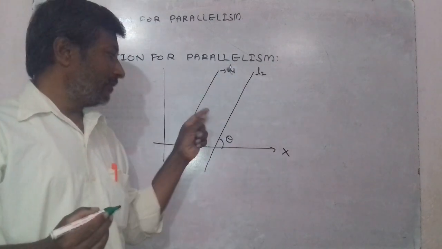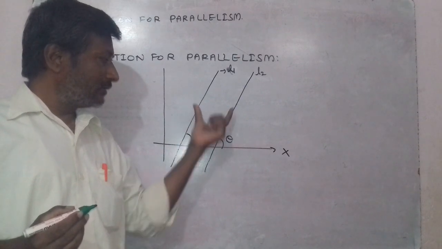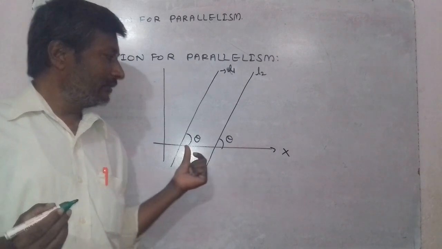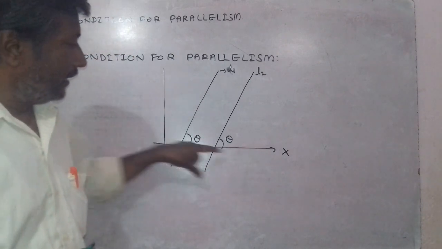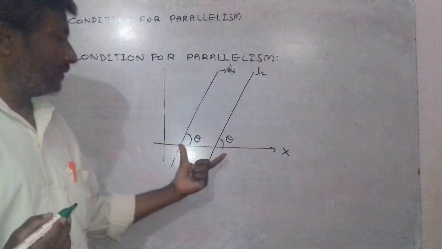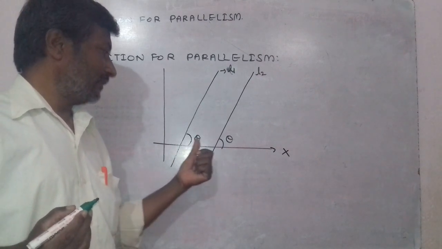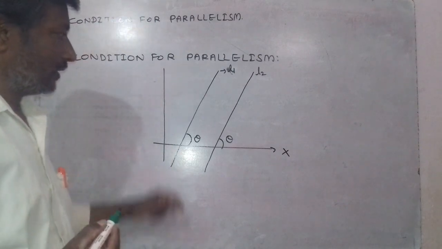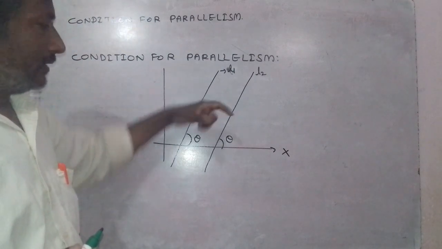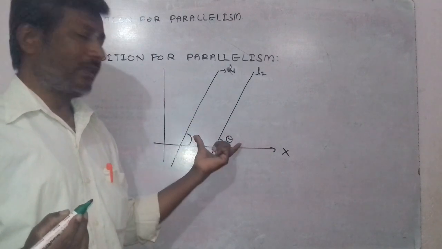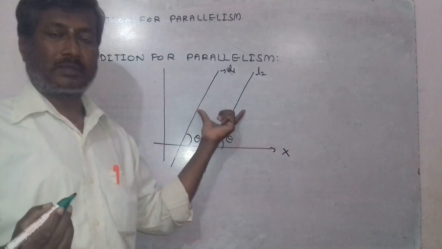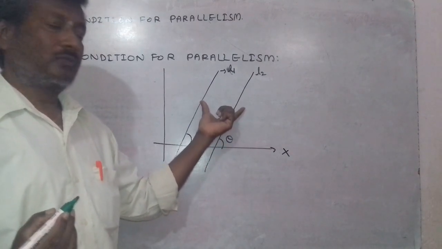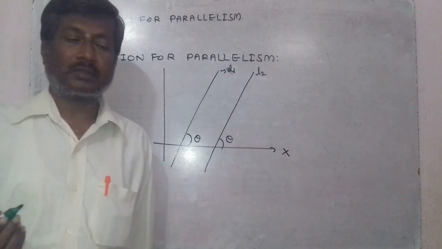So both are parallel lines, and the x-axis acts as the transversal. So for the parallel lines, this cuts the x-axis. Therefore, these two act as corresponding angles. So for parallel lines, corresponding angles are equal.